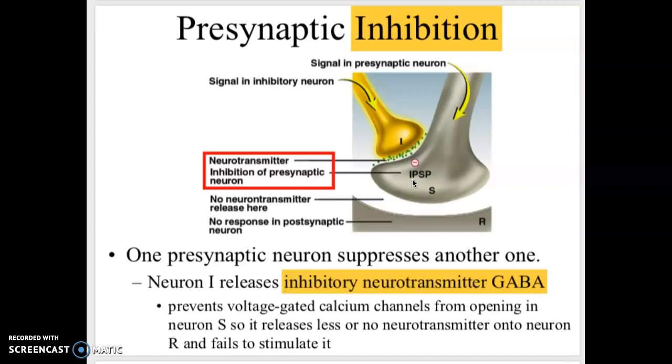So it inhibits this presynaptic neuron here to make it less likely for this neuron to release its neurotransmitter. So here, this neuron gets inhibited and it doesn't release anything, so there's no signaling.